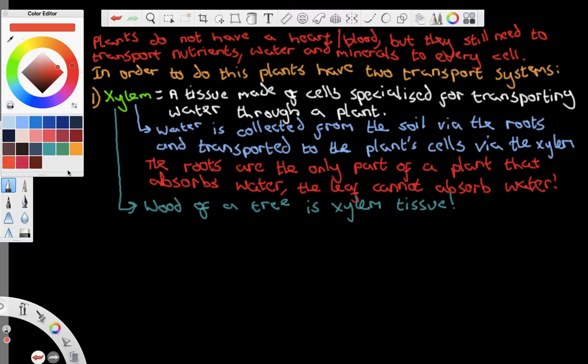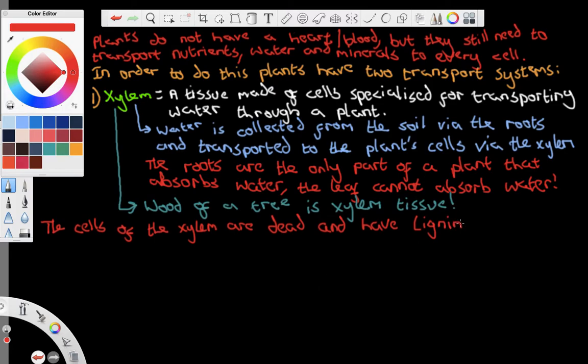So we can say, in fact I'm going to put it in red because it's important, the cells of the xylem are dead and have lignin, L-I-G-N-I-N, in their cell wall to make them rigid and waterproof.